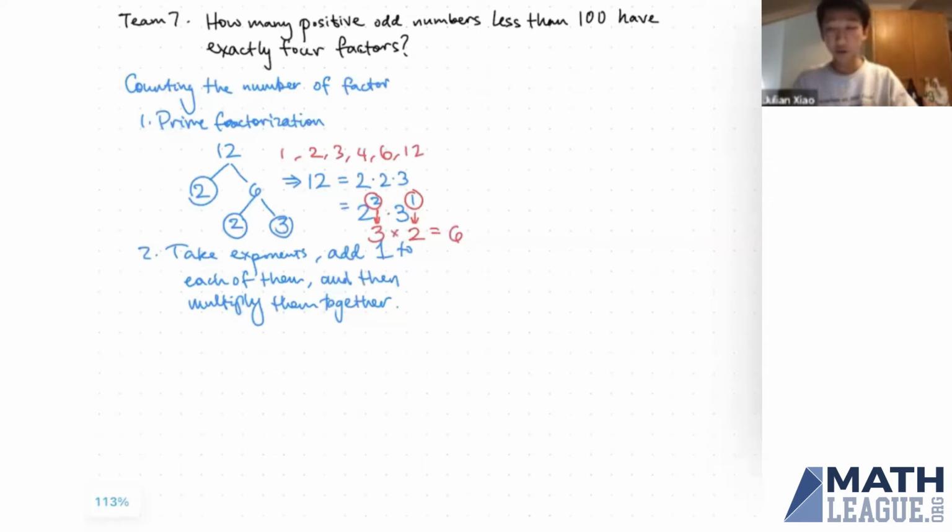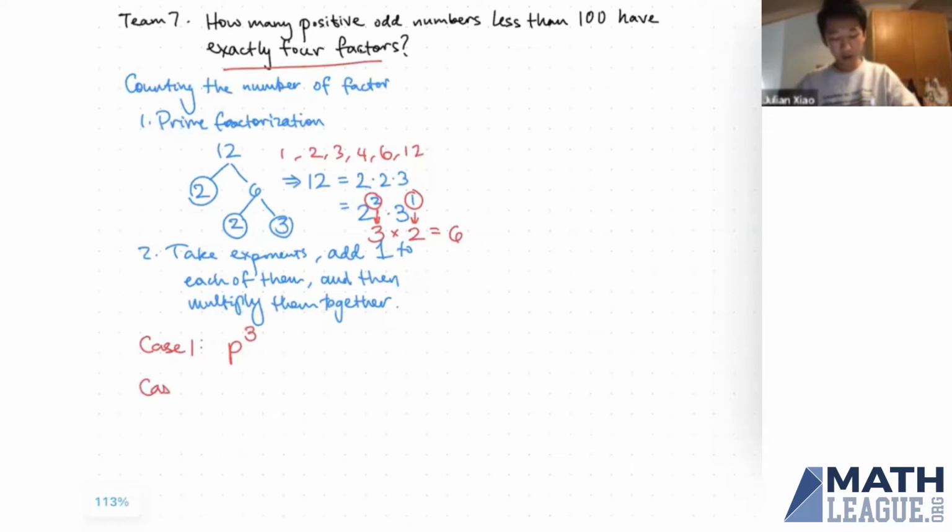So now let's use this trick that we've just learned to solve this question, because we need to find the numbers that have exactly 4 factors. So there are some cases that we need to consider. The first case is when we have a prime number raised to the 3rd power.